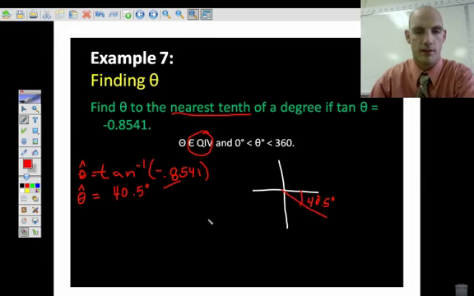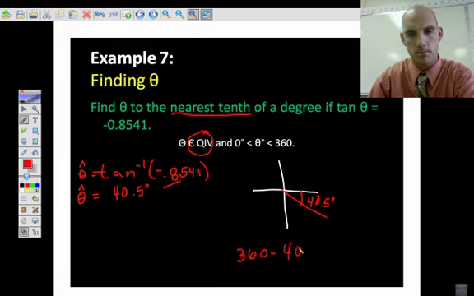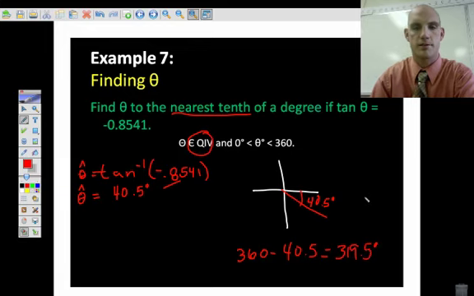I know that I'm going to have the whole way around, 360 minus 40.5, because if I went all the way around like this and I go back 40.5 degrees, I'm going to end up with 319.5 degrees.